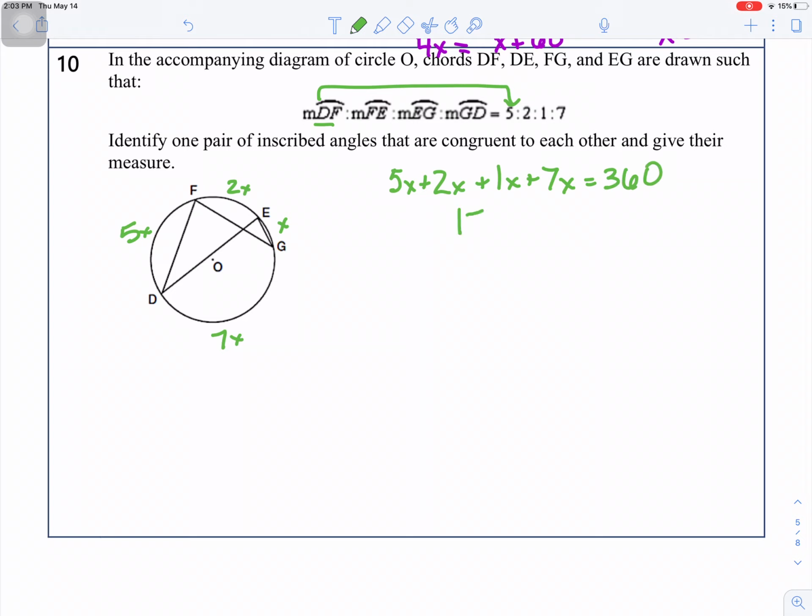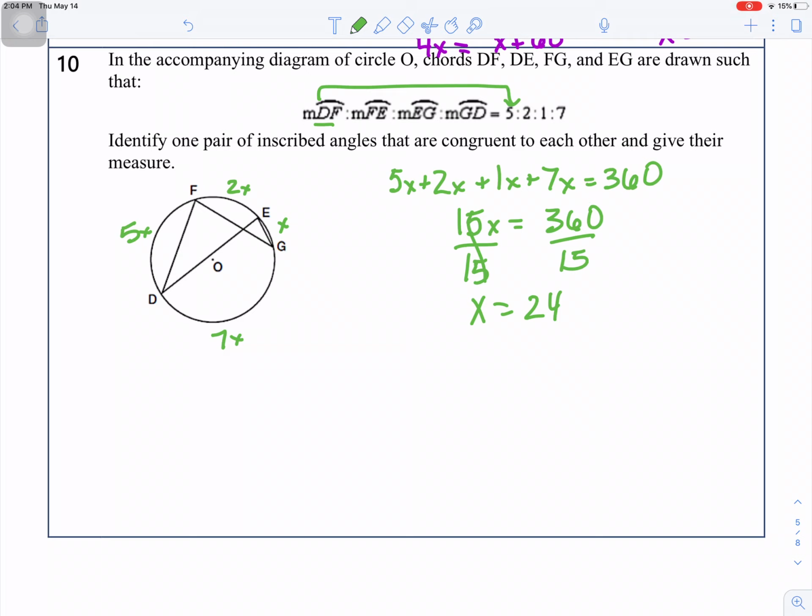It's 15x equals 360. Yes, divide by 15. 360 divided by 15 is 24. X is 24.